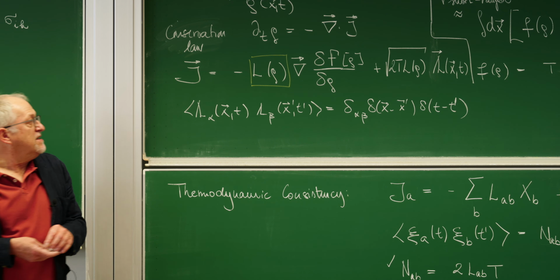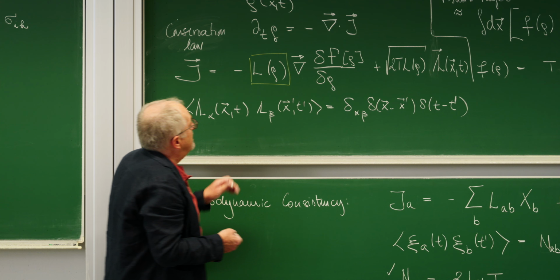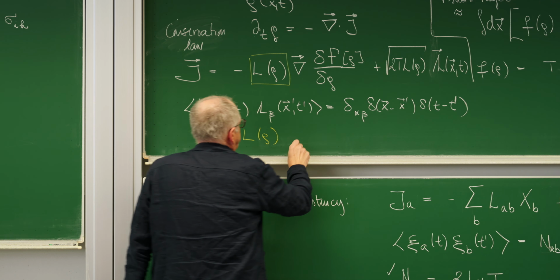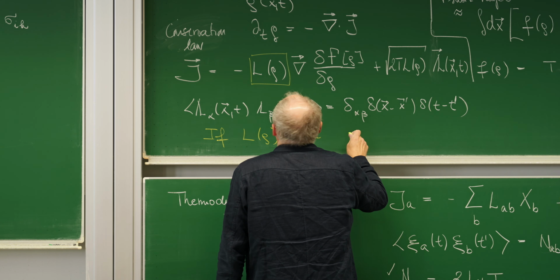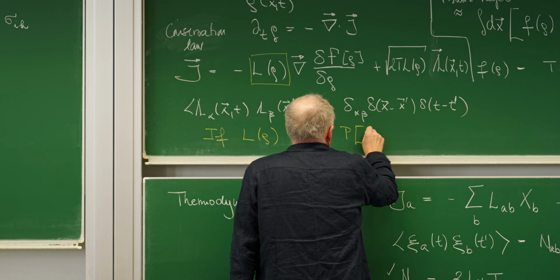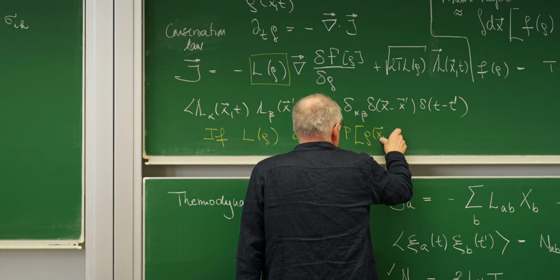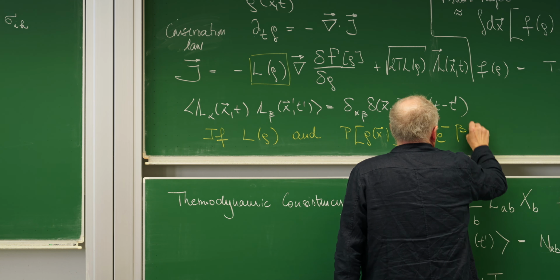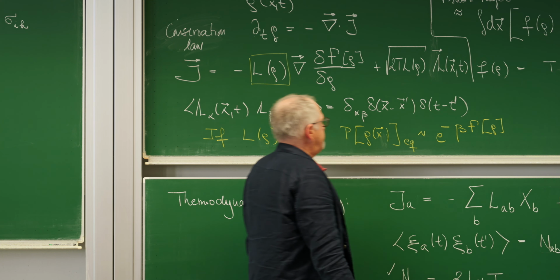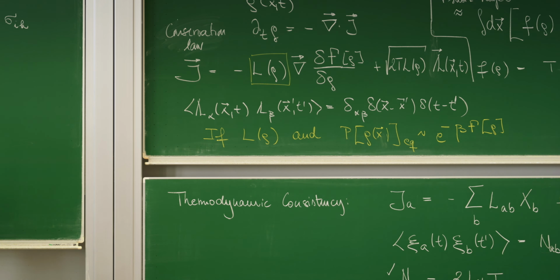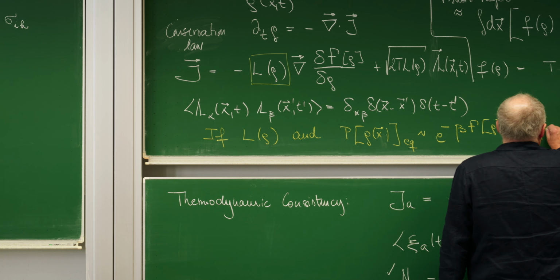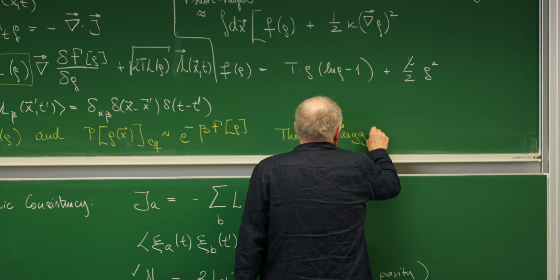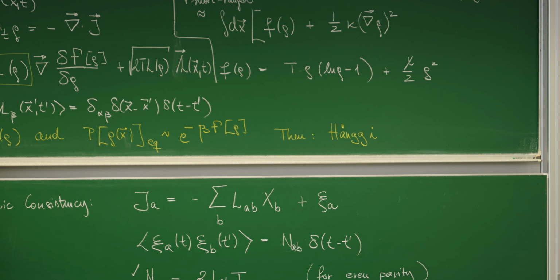So I'm telling you now, without showing you the proof, but it's in my notes, that if you have L of rho and you want P of rho of x in equilibrium to be proportional to e to the minus beta F of rho, so the system is supposed to relax to thermodynamic equilibrium, then the interpretation you need to use is the one that was introduced by Peter Hänggi.